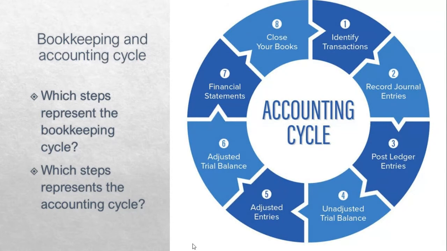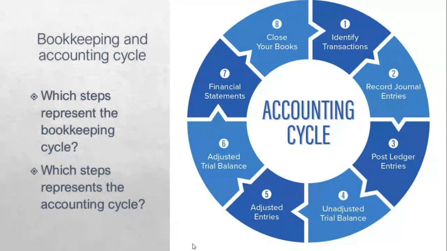Now, based on this cycle that I've written down here, which numbers do you think represent our bookkeeping cycle? And what do you think represents the accounting cycle? Okay, so bookkeeping, just to think about it, bookkeeping is what an accountant does on a day-to-day basis every month.